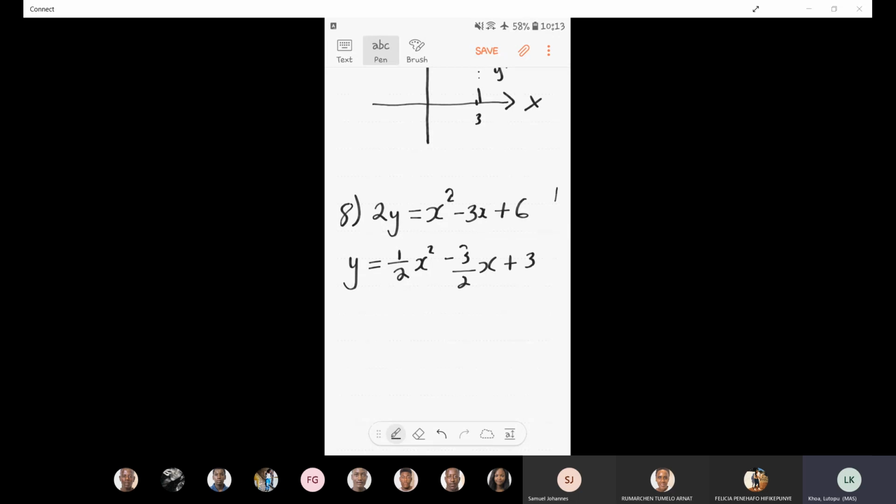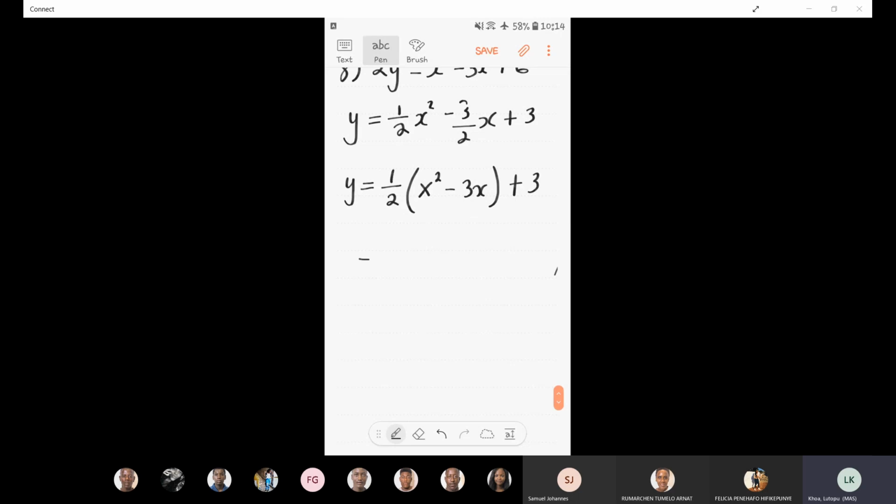And then you can complete the square. This is the half. You factor it out. You have x squared minus 3x plus 3. And then the half remains outside the square brackets. So I have x minus 3 over 2 squared minus 9 over 4 and then plus 3.